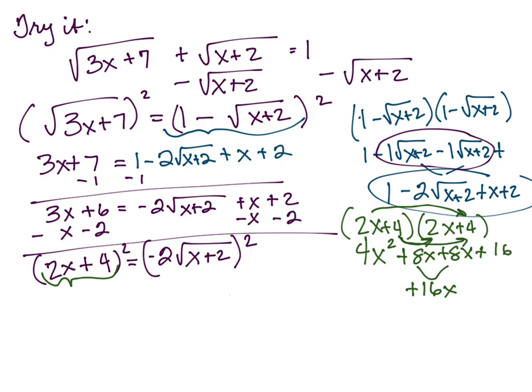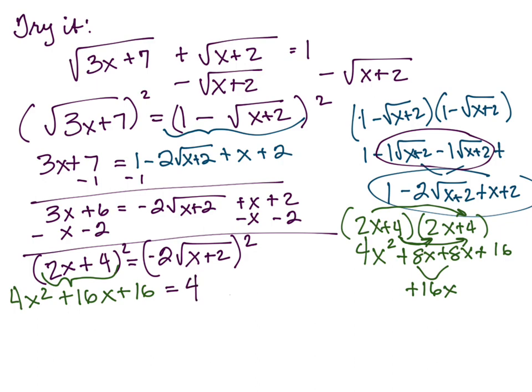And then on the end, square the last. So on the far left side, I have 4x squared plus 16x plus 16 equal to, I'm going to square this thingy over here. Negative 2 squared is 4.